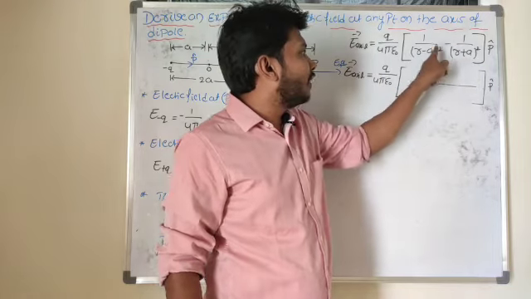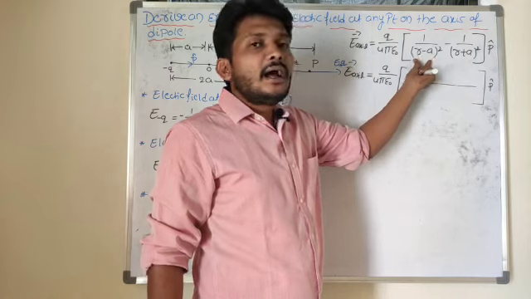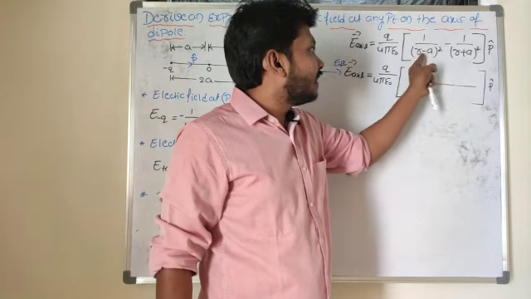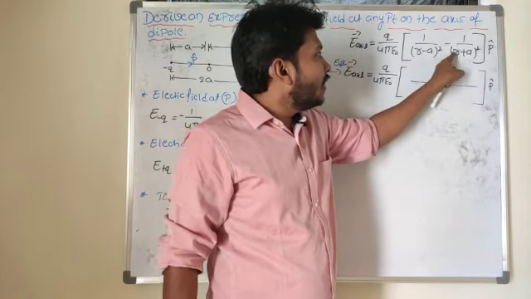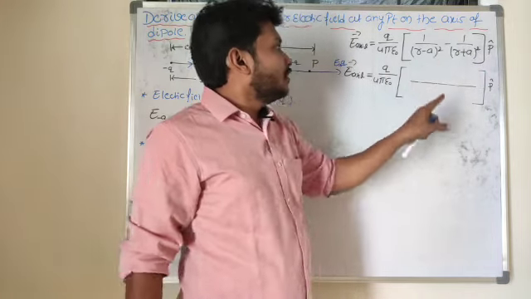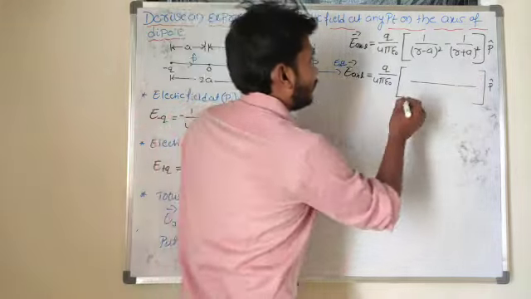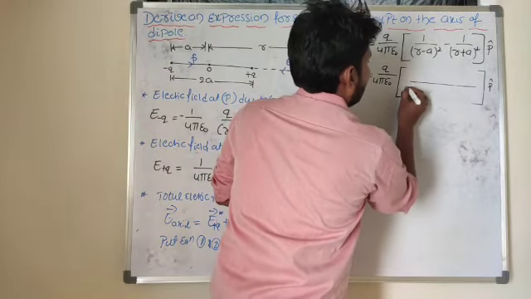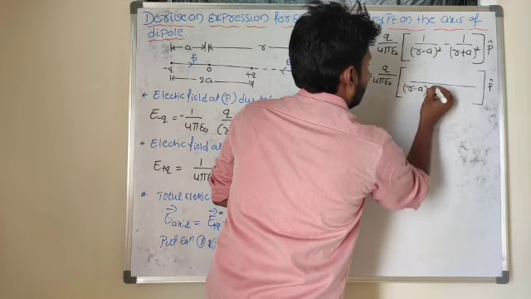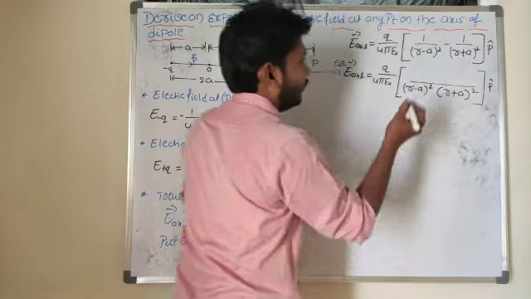Did you get my point here? Entire (r minus a) whole square you may treat as a, and (r plus a) whole square you can treat as b, so a minus b into a plus b gives a square minus b square. Or let me rearrange: (r minus a) whole square into (r plus a) whole square.